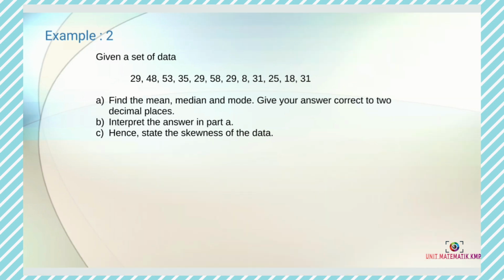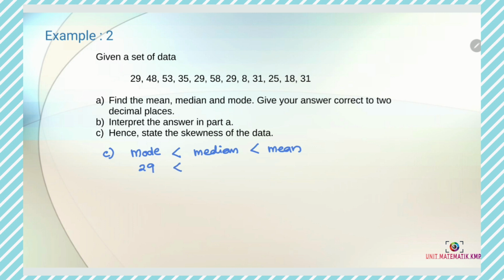Next, we move to the question C. State the skewness of the data. According to the value of mean, mode, and median, we can simplify that the mode is less than median and median is less than mean.